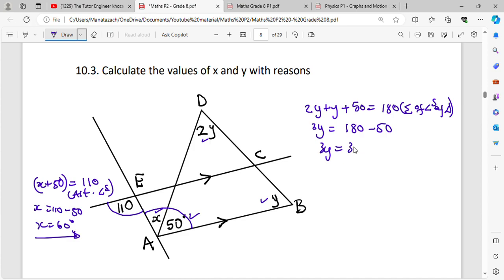So here you'll have 130, then divide by 3 on both sides. We'll find that y is equal to 43.33. So it's 43.3 degrees. So that is your answer for y.